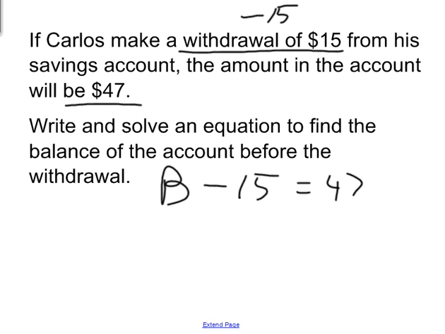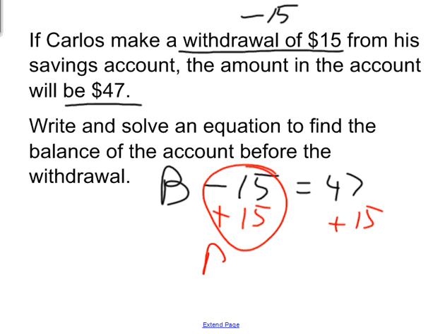How can I solve this for the balance? Well, inverse operation here, I can add 15 to both sides. These two 15s cancel each other out. I'm left with just B on this side, and that's equal to 47 plus 15, or $62. So B is equal to $62.